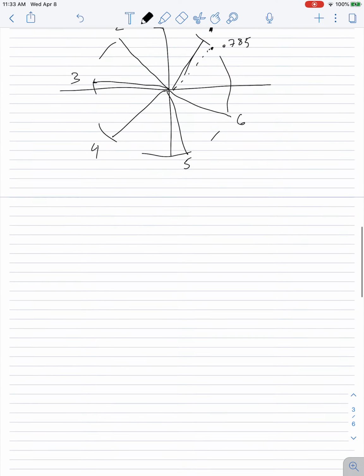Okay. Homework problems. You will need to convert radians to degrees and vice versa. So let's do this direction first. I'm going to give you something like 3 pi over 4, and I want to know what that is in degrees.